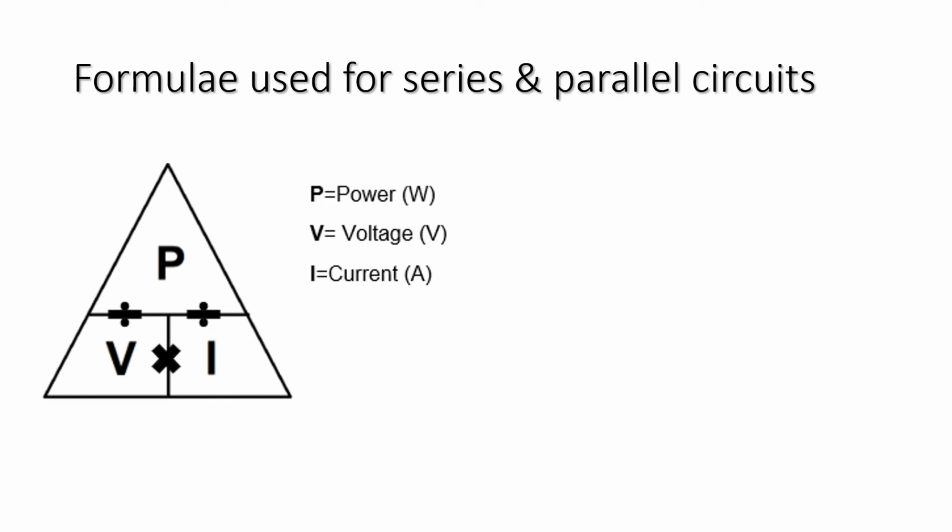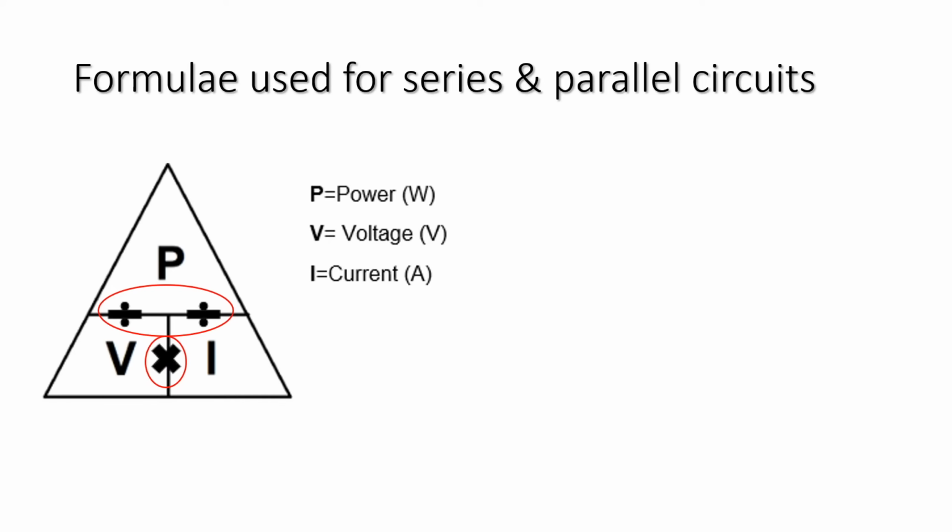Our third triangle is our PVI triangle, where P represents power and we measure it in watts, V represents voltage and we measure it in volts, and I represents current and we measure it in ampere. Same rule applies here with our dividing and our multiplying.